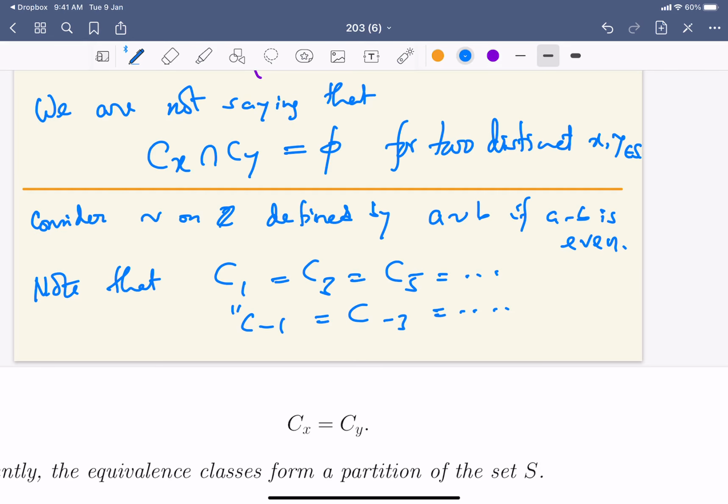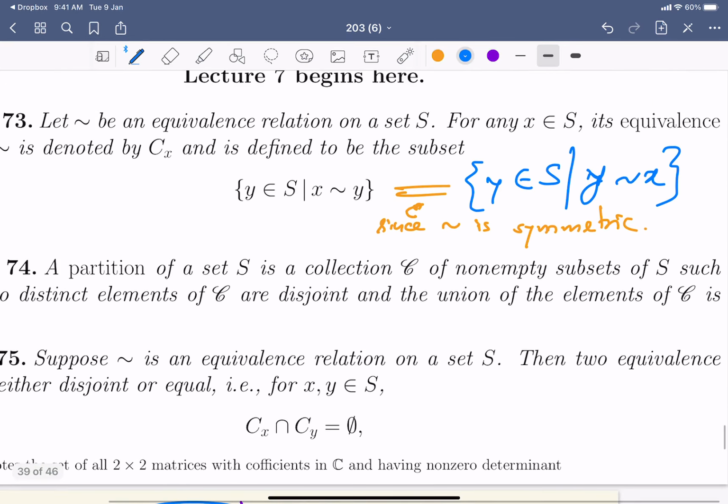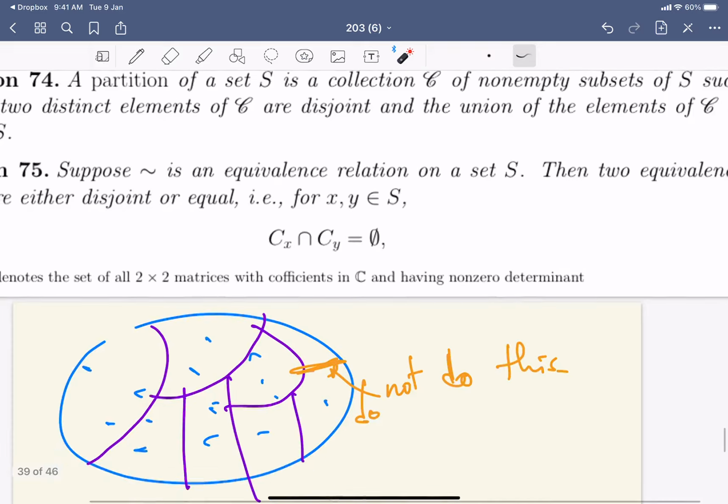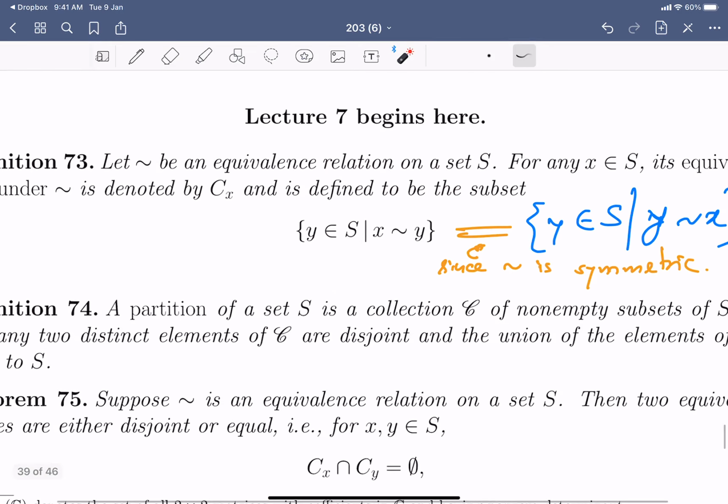You can verify. What is C1? You have to collect all the elements of S, which is Z in this context. Suppose you are computing C of 1.